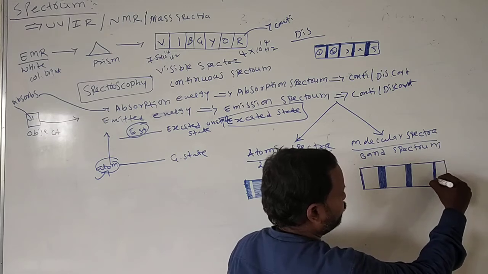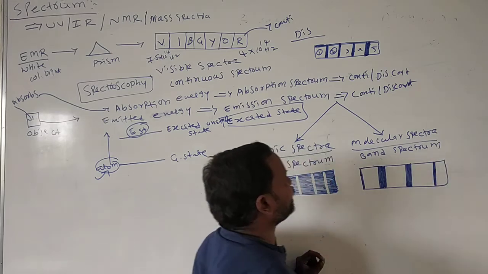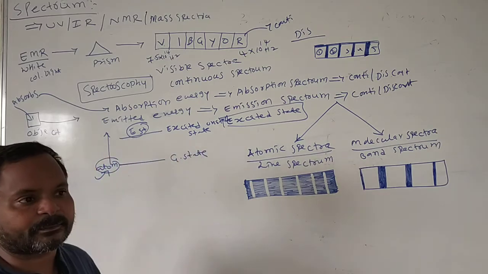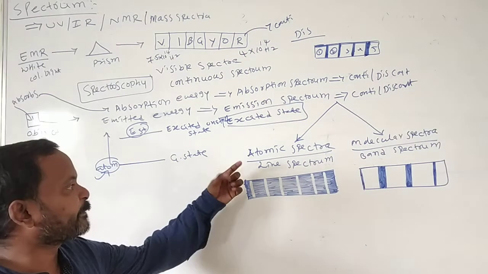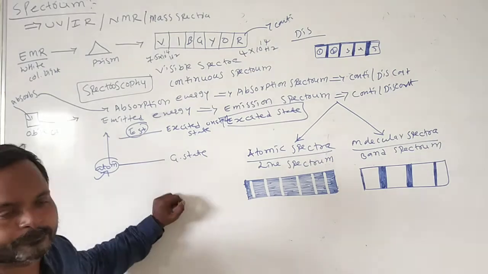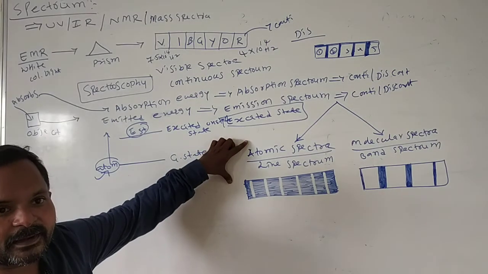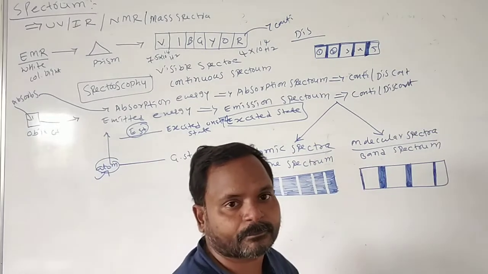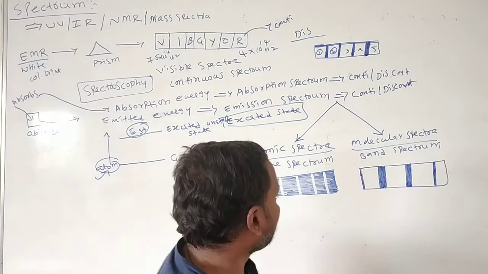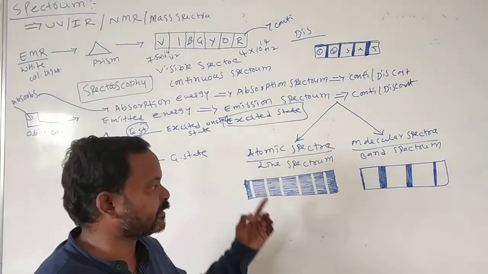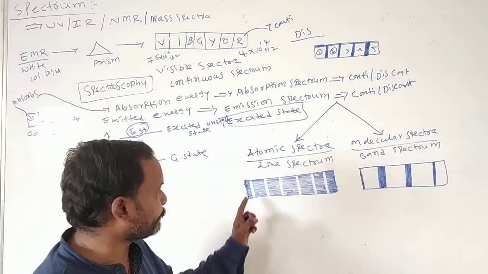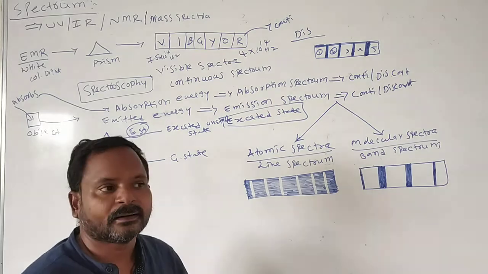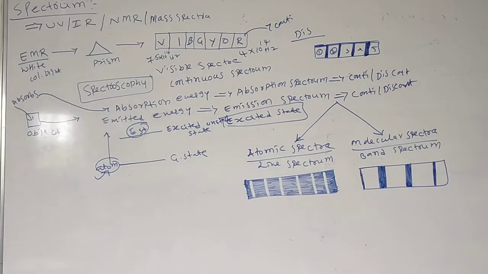See here, what are the differences between line spectrum and band spectrum? Line spectrum is a characteristic property of an atom. Band spectrum is a characteristic property of a molecule. In a line spectrum, bright lines are formed on the dark screen.